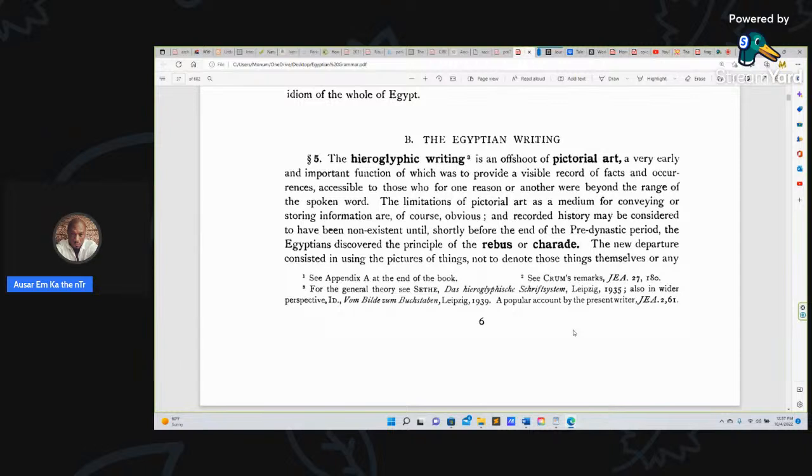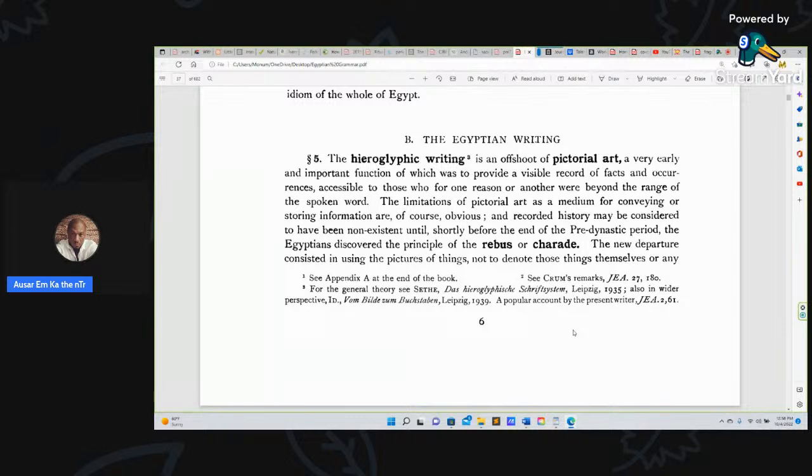The hieroglyphic writing is an offshoot of pictorial art, a very early and important function of which was to provide a visible record of facts and occurrences accessible to those who for one reason or another were beyond the range of the spoken word. The limitations of pictorial art as a medium for conveying or storing information are, of course, obvious, and recorded history may be considered to have been non-existent until shortly before the end of the pre-dynastic period, the Egyptians discovered the principle of the rebus or charade.